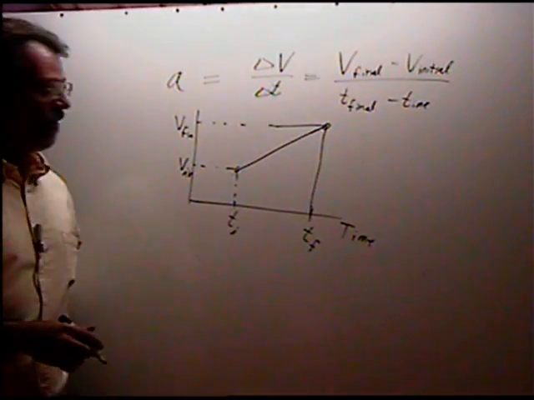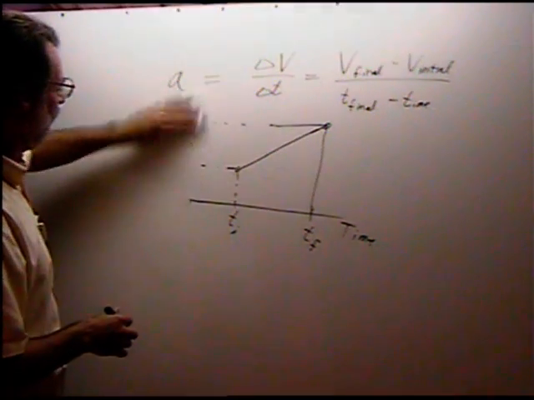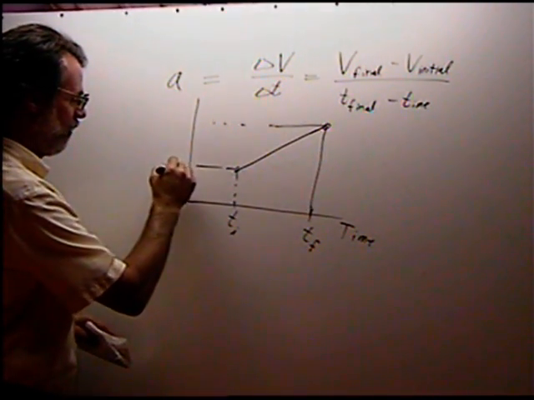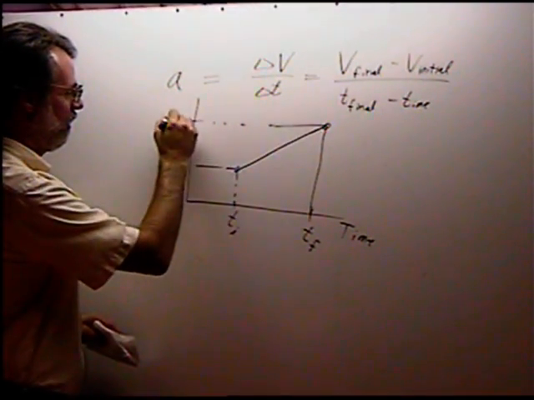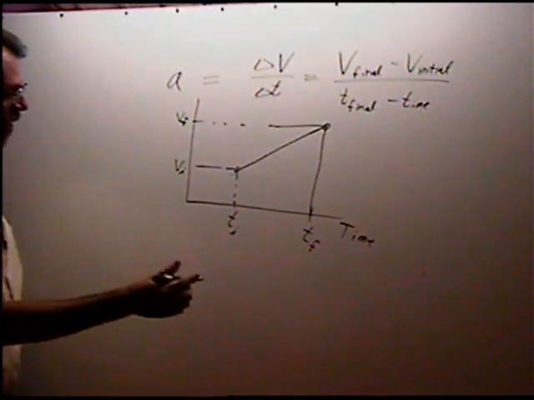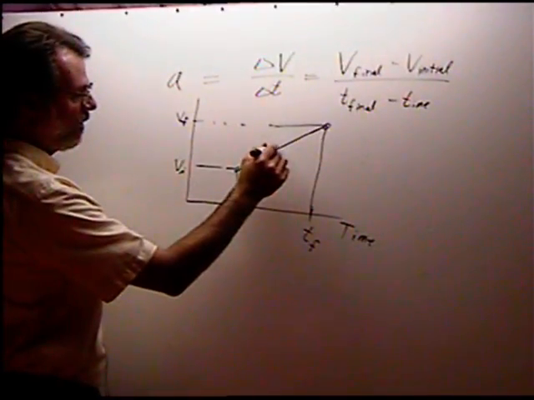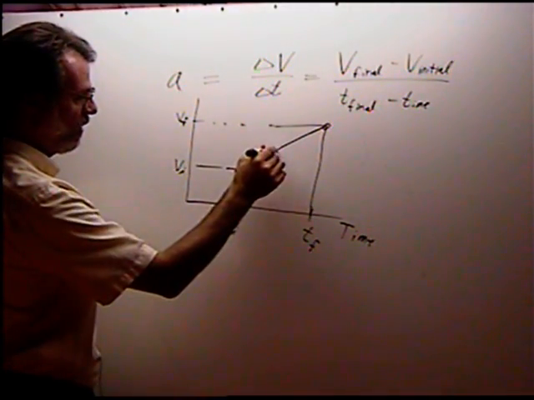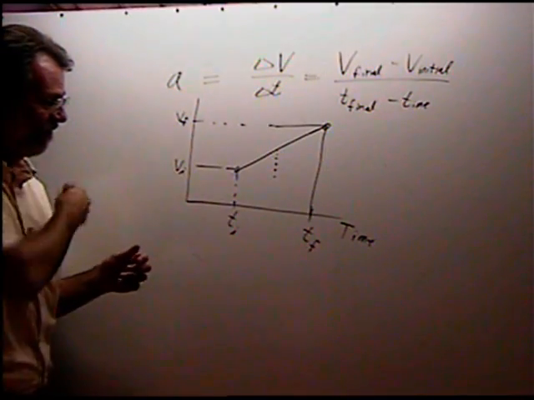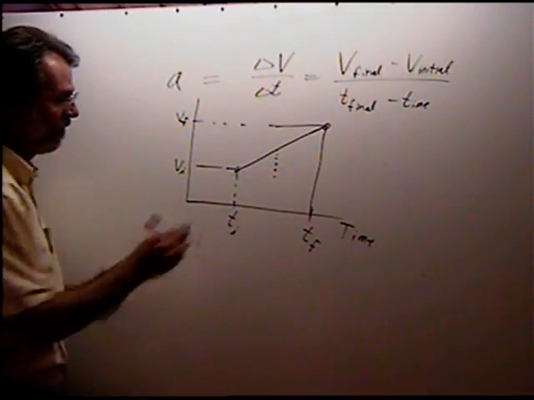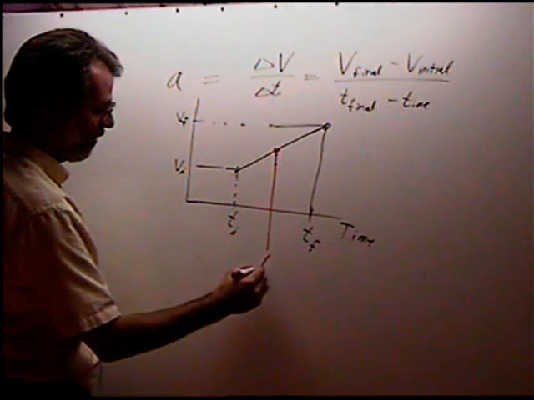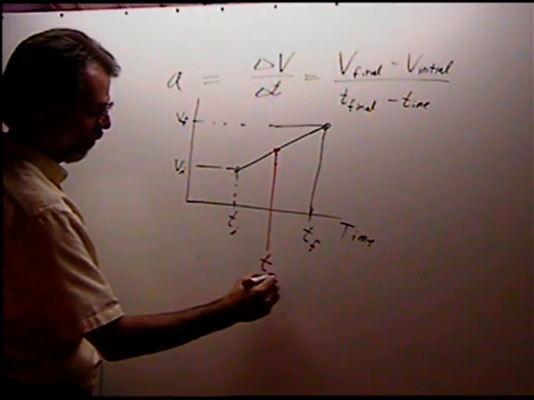And that's very important in this chapter. Here's the initial velocity, and here's the final velocity. Right in the midpoint of these two times, I'm going to make this in red, I'll call this T midpoint.